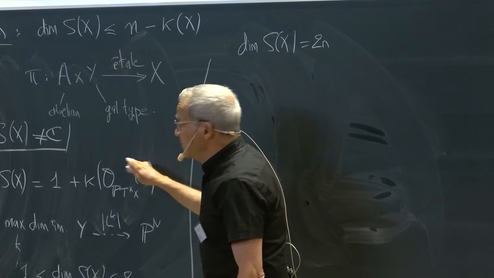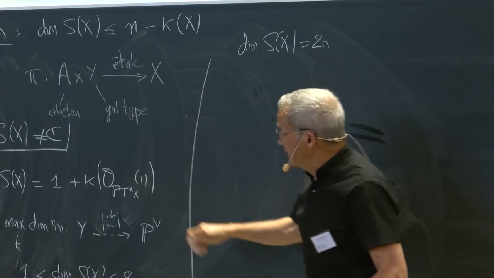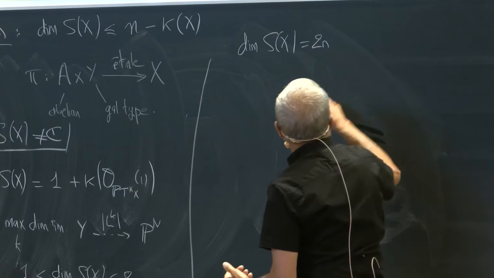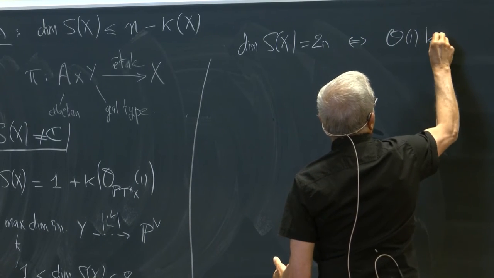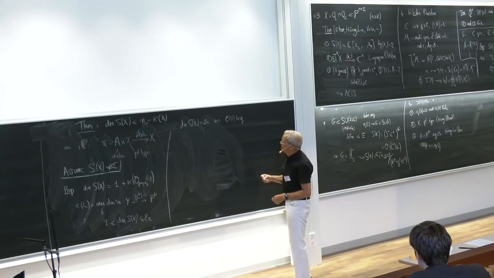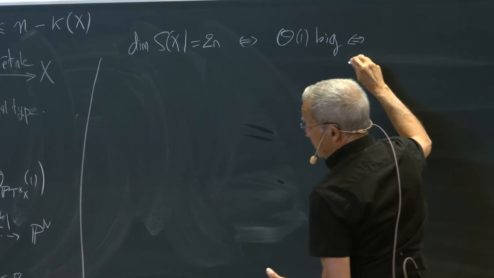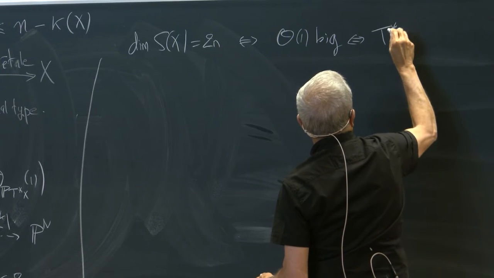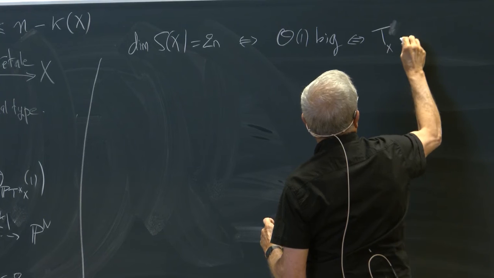By the proposition, this means that the Iitaka dimension of O of 1 is maximal. This means that O of 1 is big, it has the maximum possible number of sections. And by definition, this means that T star X, sorry, the tangent bundle TX is big.